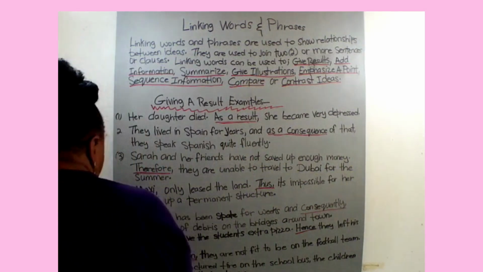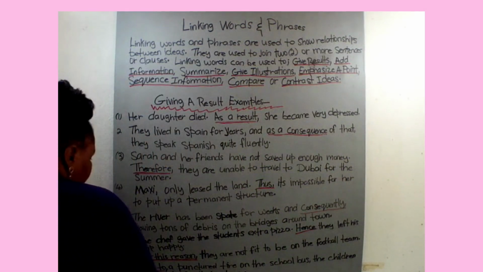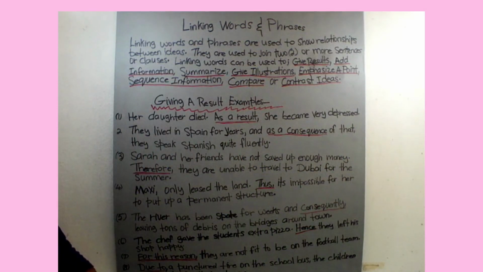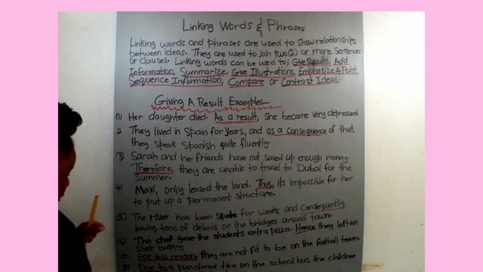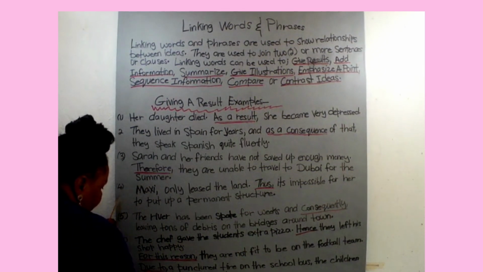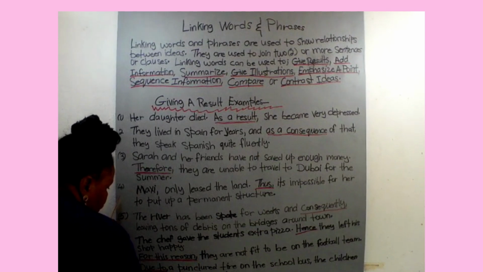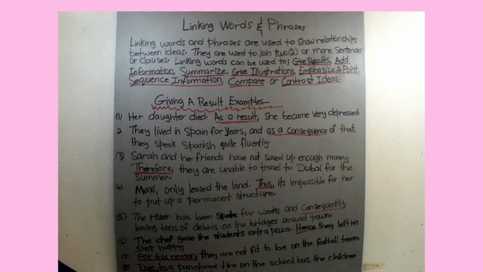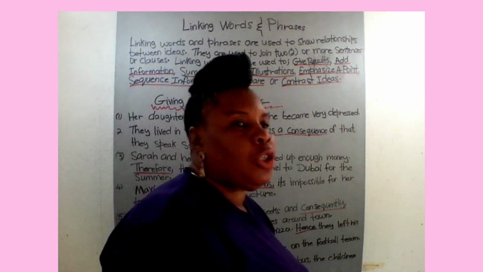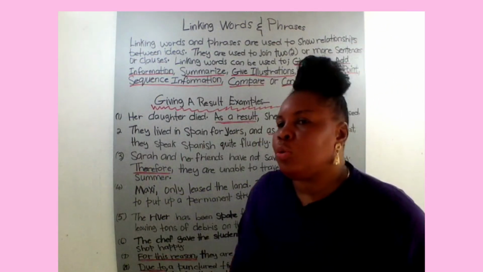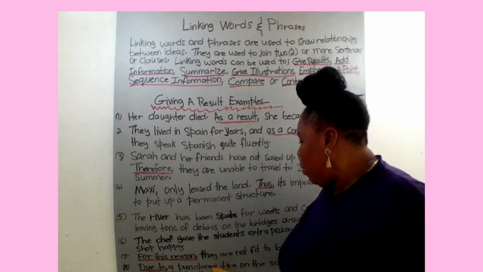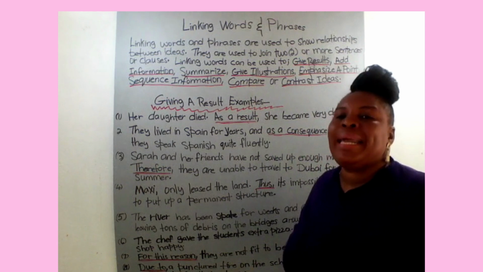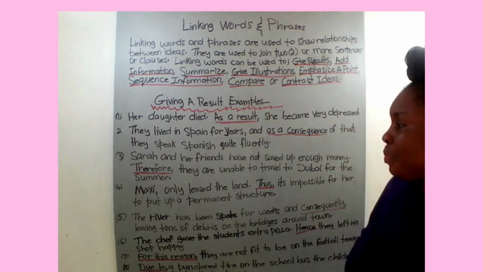So that is what we're trying to find out, the linking word. So it's due to that fact. Due to the tire being punctured. Right? Due to the fact that the tire had been punctured, the children were late for their classes.